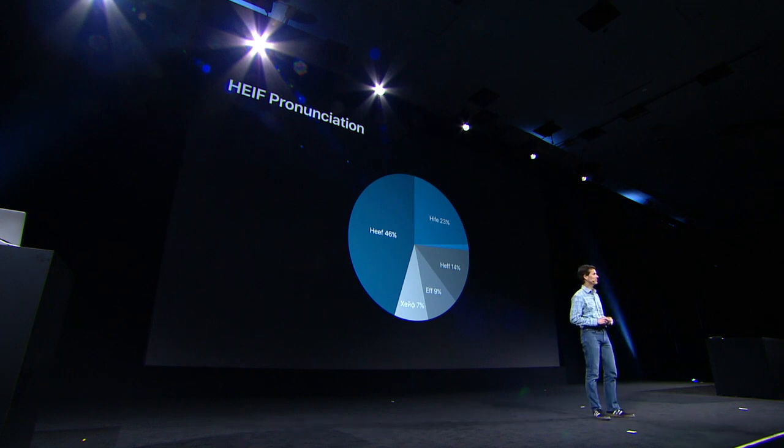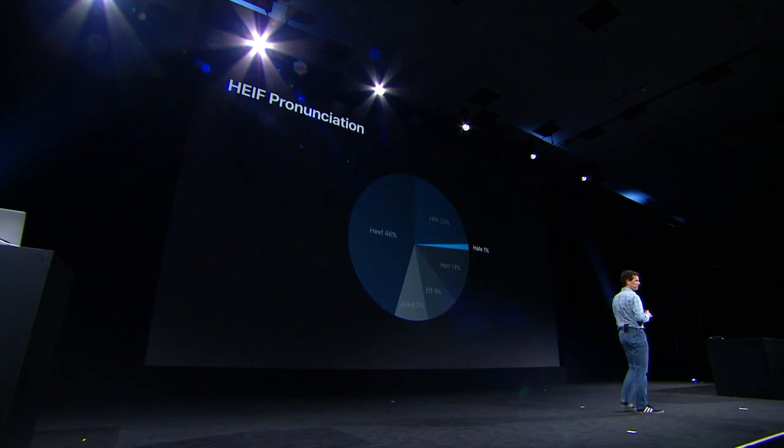That's "heef", as in I can't believe how big or how small the files are. Now, my Finnish office mate is quick to point out that Nokia researchers were the ones that came up with the spec, so the Finnish pronunciation should win. That would be the 1% heef. Well, as for me and my floor, we're going to call it heef.